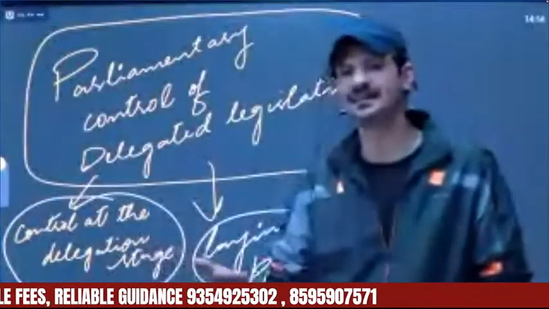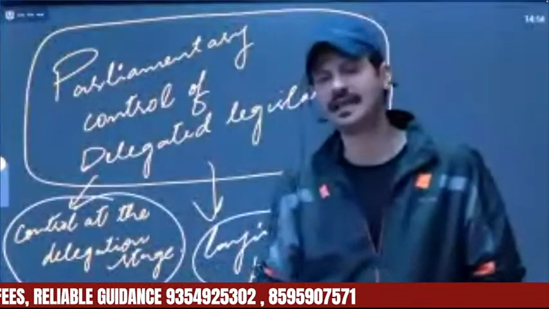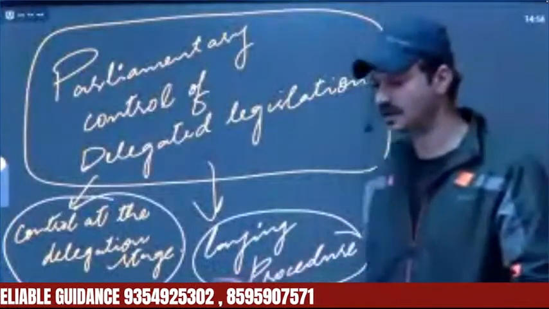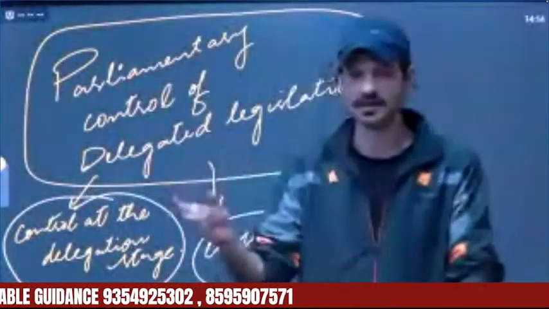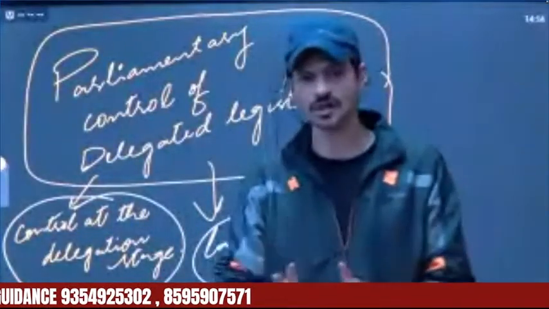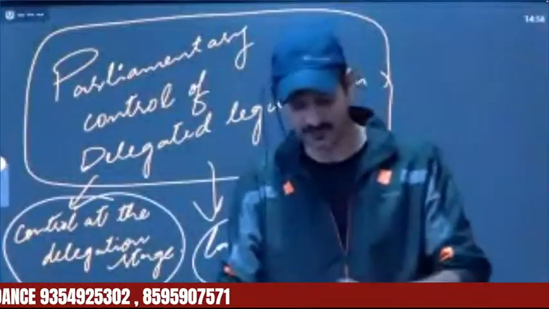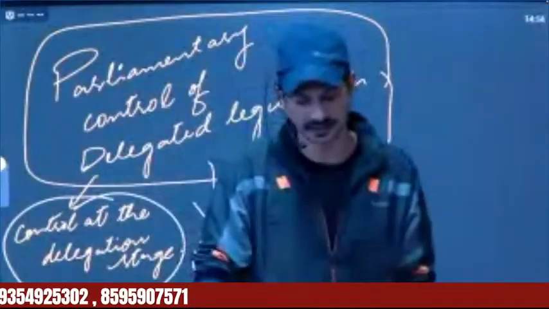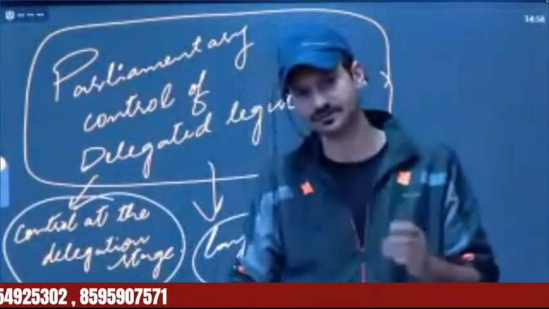That's why laying, to lay something. So laying is this procedure where the laws made under delegated legislation by the bureaucracy, by the civil services, are taken and placed before the parliament. This allows the members of the parliament to examine this delegated legislation.